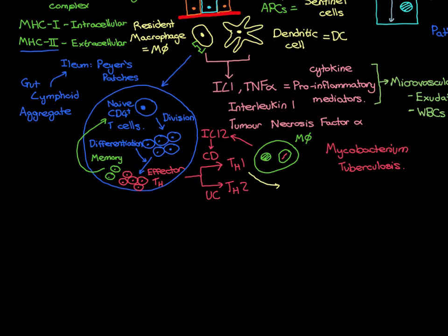So let's now see what the T helper 1 cells are going to do. Pen please. So here we have, in yellow, what can represent a T helper 1 cell. You'll get absolutely loads of T helper 1 cells being produced.